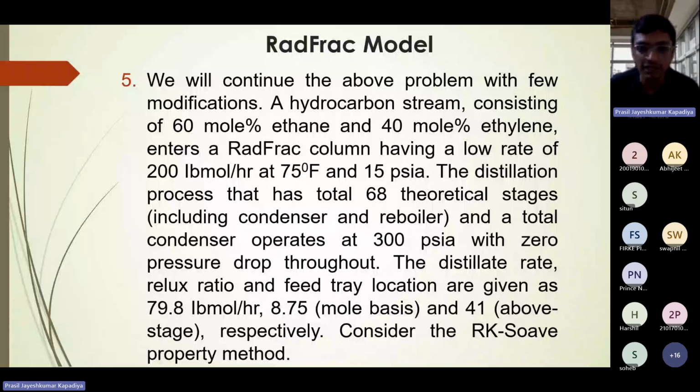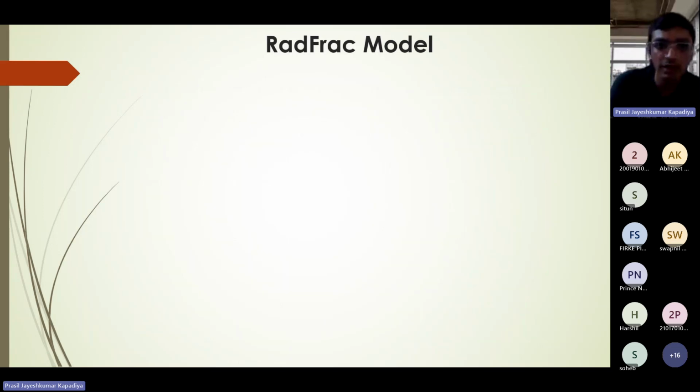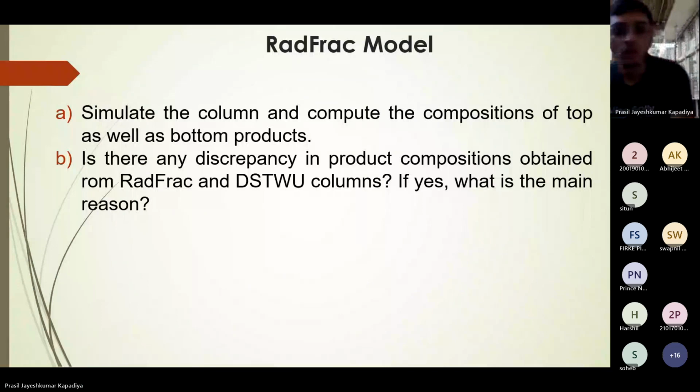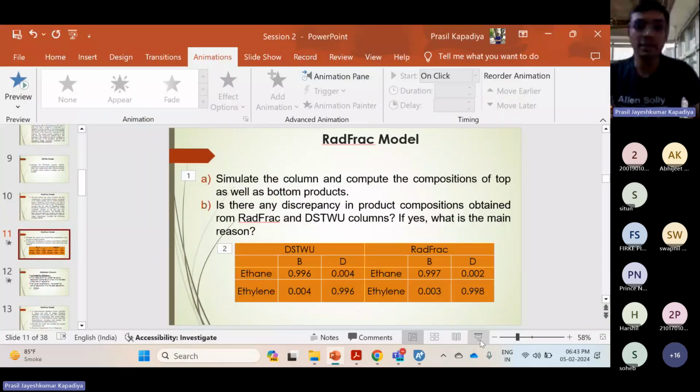The distillation process has a total of 68 theoretical stages, including condenser and reboiler, and a total condenser, and operates at the same condition, 300 psia. The distillate rate, reflux ratio, and feed tray locations are given. So use the same RK property method and first estimate the compositions.